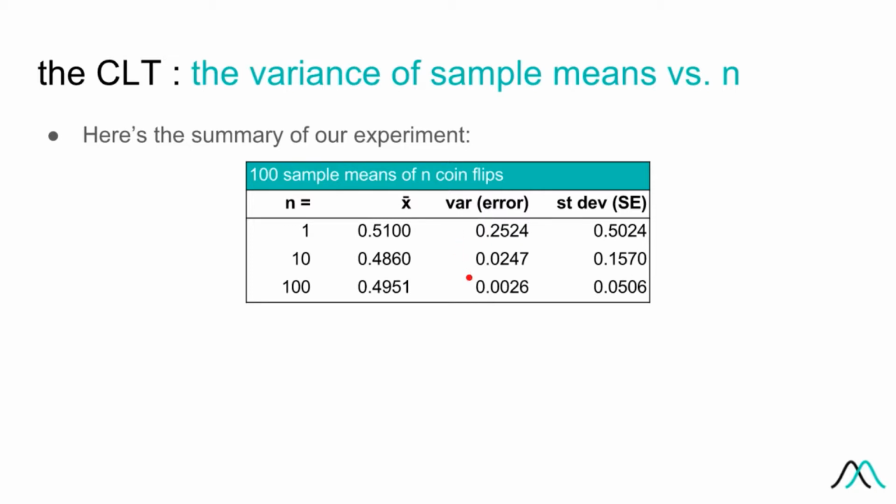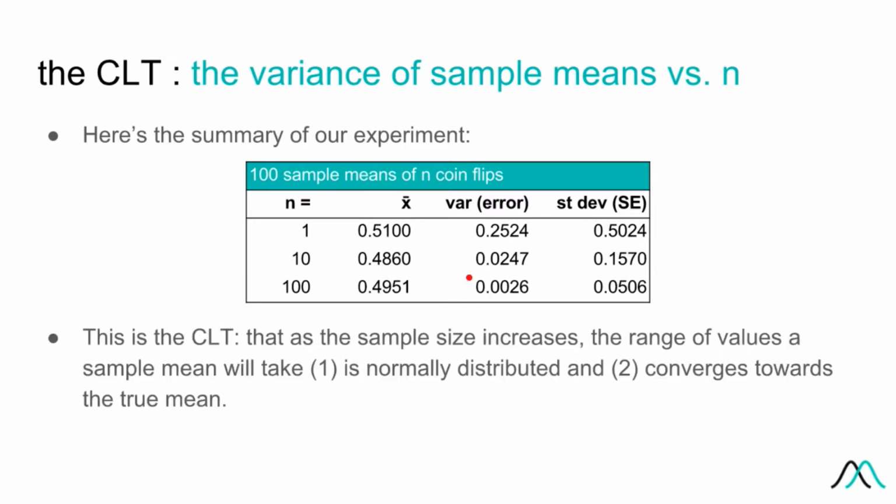So our experiment has been showing the CLT at work, that as promised, as n increases, the range of sample means, 1, becomes normally distributed, even if the population isn't normally distributed. And 2, they converge around the population's true mean, i.e. the error of the sample mean decreases.